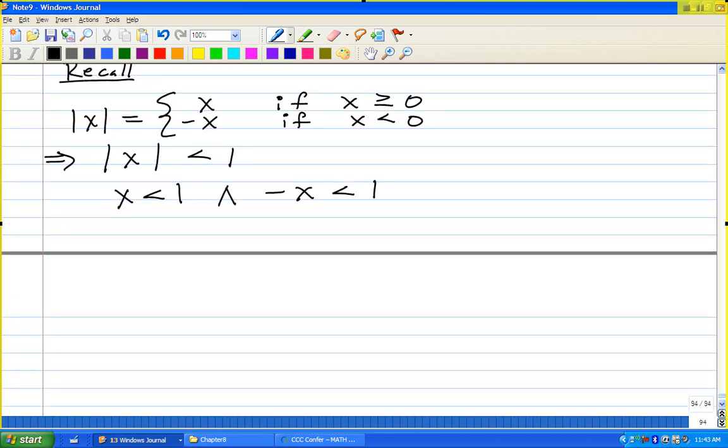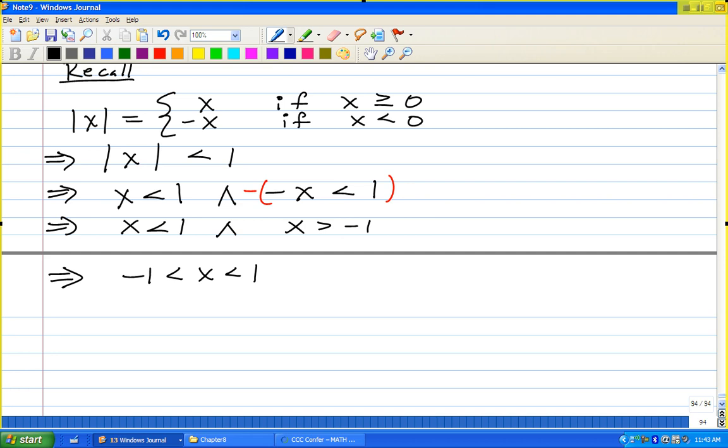Well, I could rewrite this by just multiplying both sides of my inequality by negative 1, in which case that would just have x is greater than negative 1 and x is less than 1, which just means, well, if I wrote this in the previous form as a three-part inequality, this would just say that x is between 1 and negative 1.